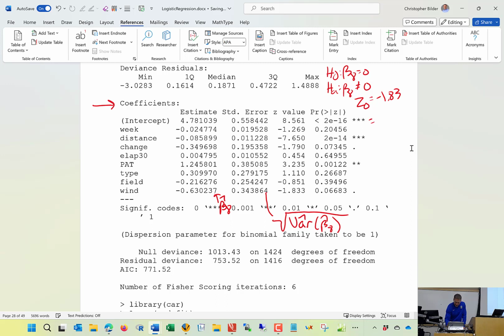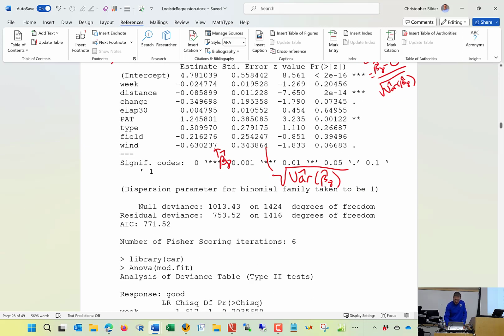Where does that come from? That is beta hat 8 minus a hypothesized value of beta, which is 0, all over that standard error. Okay, very similar to what you would have with regular old regression analysis. So my test statistic is negative 1.83.